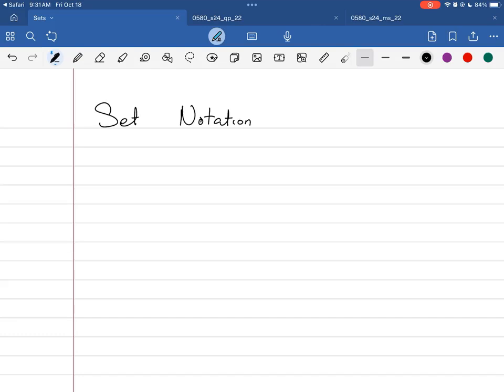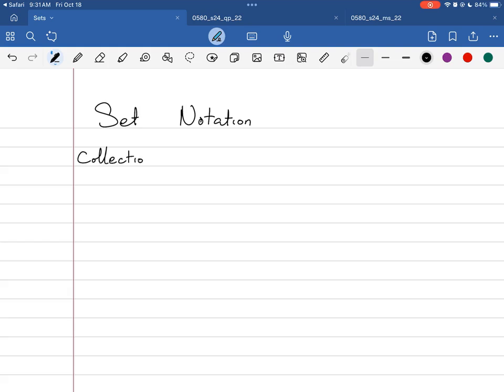Today we're going to be looking at sets, because I got a question in one of the comments to talk about sets. So I'm going to run through the basic knowledge of set notation that you should know. We know that a set is a collection of elements.